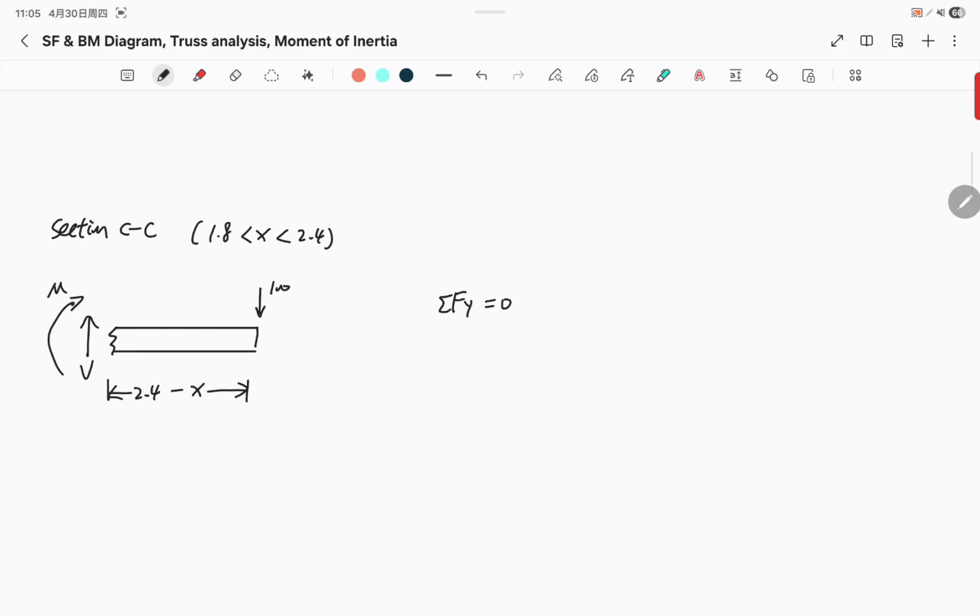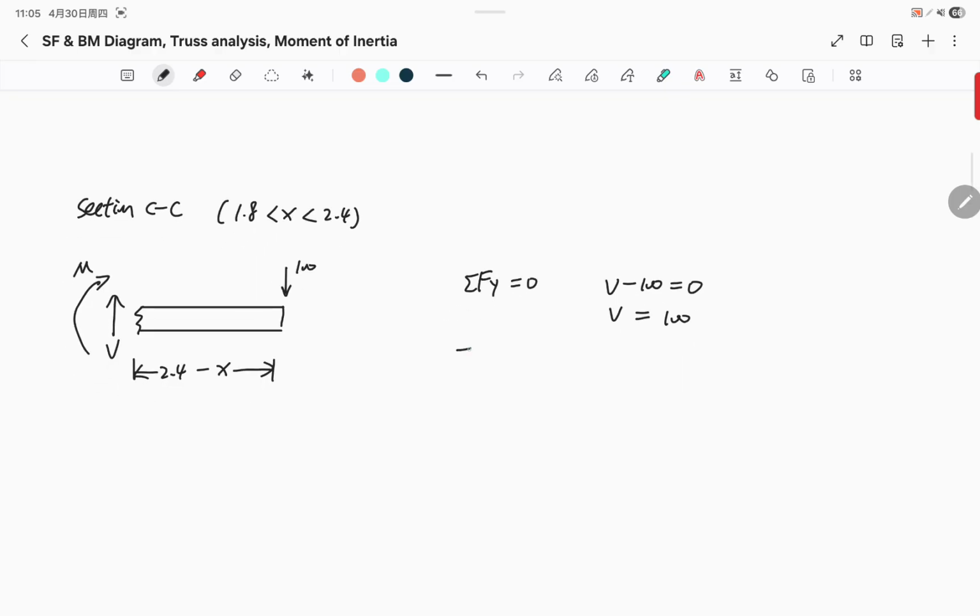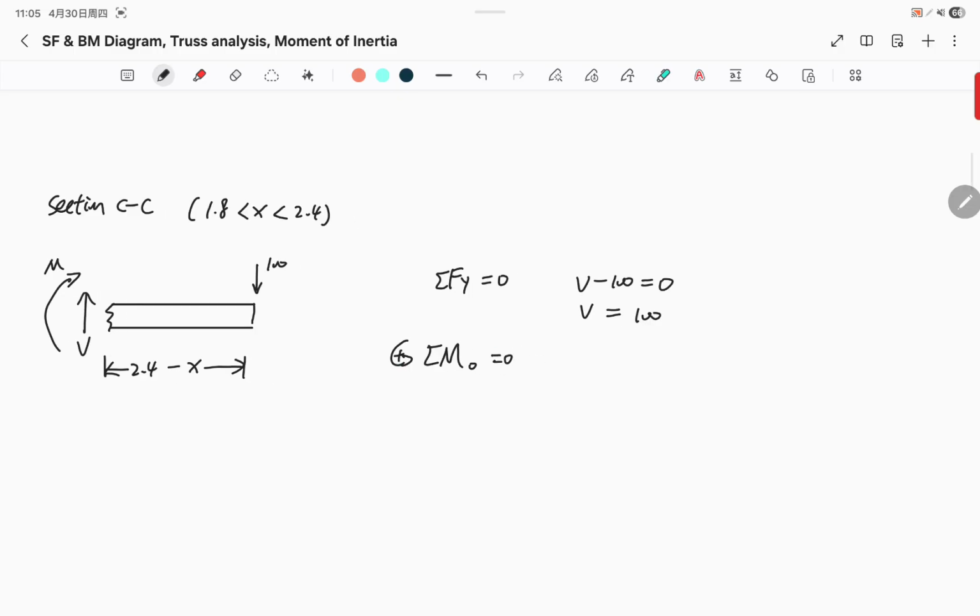So V minus 100 is equal to 0, so that gives me V is equal to 100. And for bending moment, it's 0. We have, and this is our pivot point, point O. The pivot point is always at where you make a cut.